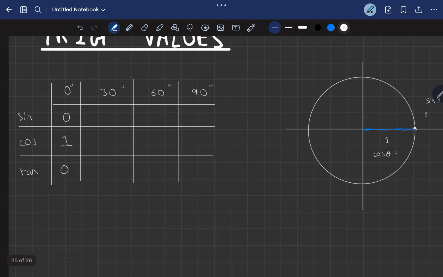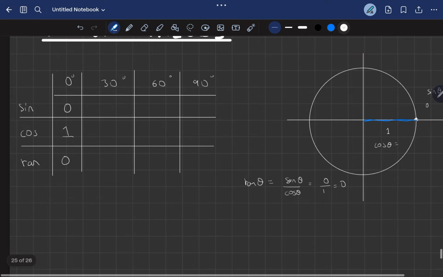And also from the previous video, we know that tan theta is equal to sine theta over cos theta, because tan theta just represents the gradient. If you put the values in, you get 0 over 1, which is just 0, which is why tan 0 is 0.